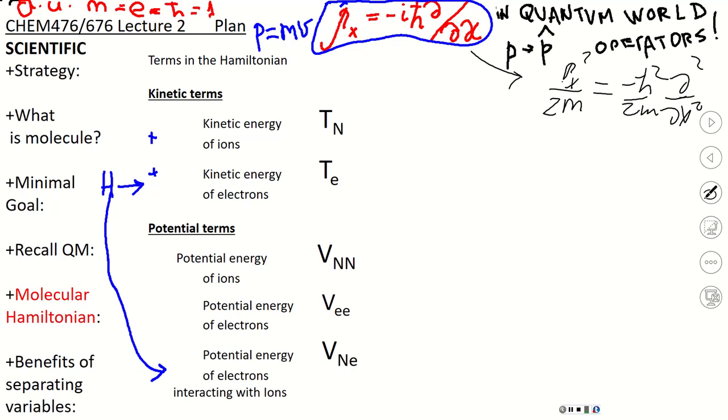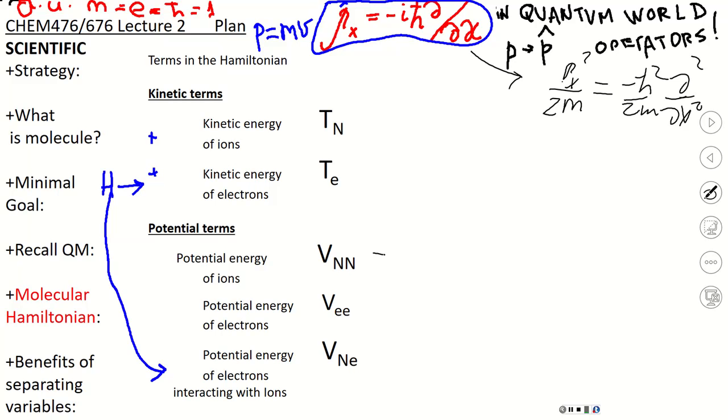Potential energy of interacting of nuclei to nuclei. Potential energy of interacting electron to electron. And potential energy of interacting nuclei to electron. For hydrogen molecule, it was really quick and easy, right? But if you need benzene molecule, it will be a huge amount of terms. I'm not sure if you really want to write them down, but at least we can tell for sure there will be 3 types of terms.